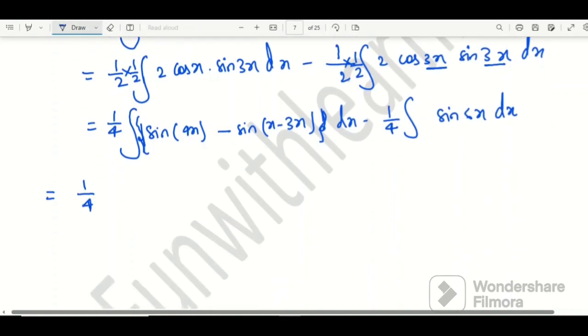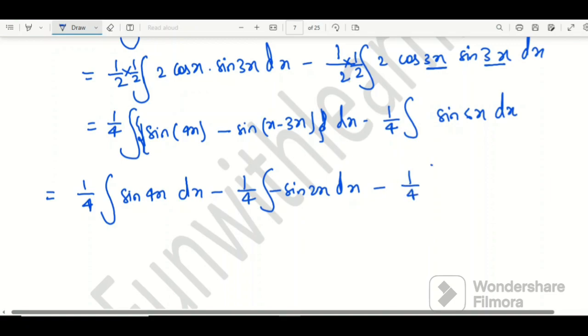So 1 upon 4 integration sine 4x dx minus 1 upon 4, x minus 3x will be minus 2x, and sine minus 2x will be minus sine 2x dx, minus 1 upon 4 integration sine 6x dx.